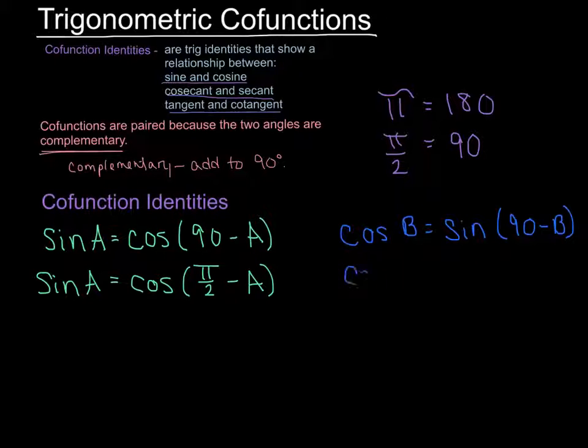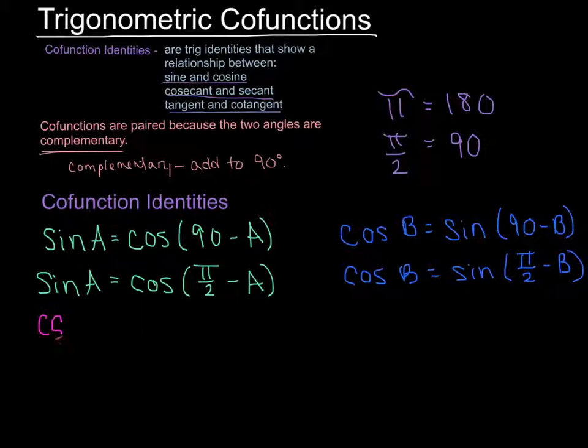So I'd have the cosine of B would be the same thing as sine of, not 90, pi over 2 minus B. I also have the pair of cosecant and secant.